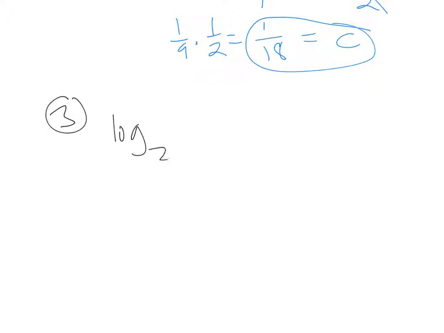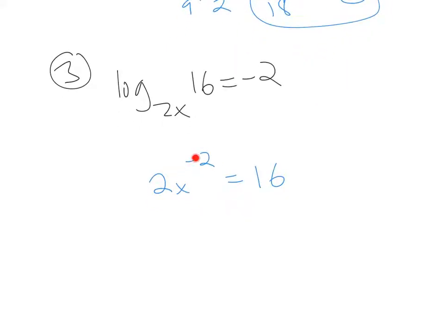log base 2x of 16 is equal to negative 2. Setting this one up, we get 2x as my base to the negative 2 power, which is equal to 16. Once again, this negative exponent means we need to flip it on down to the bottom. So we've got 1 over (2x) squared, and actually let me put this in parentheses. That negative exponent becomes a positive.